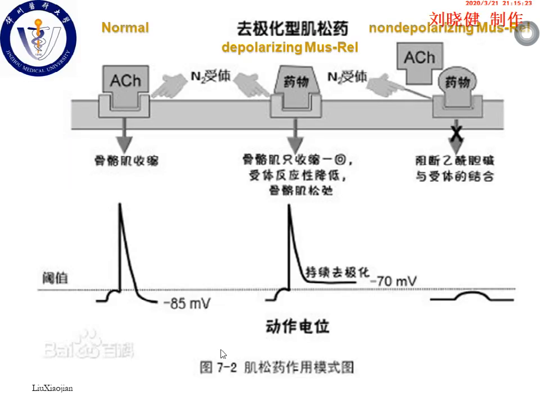Now look at this figure. How about this mechanism? The N2 receptor in the muscular cells can be bound by acetylcholine. Once this complex of the acetylcholine neurotransmitter and receptor is formed, it can induce a depolarization followed by repolarization.